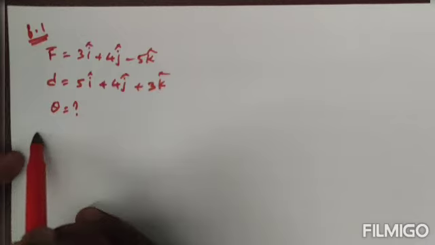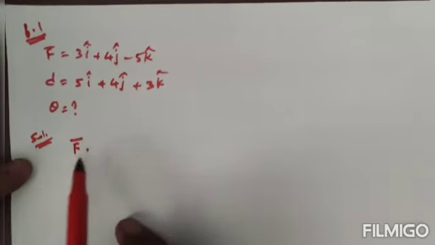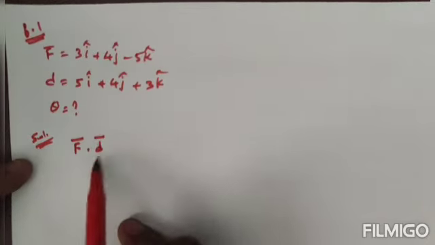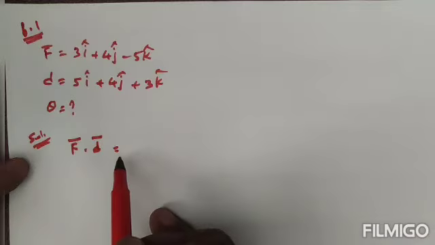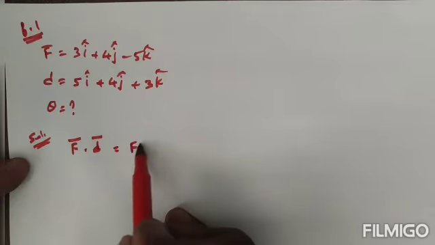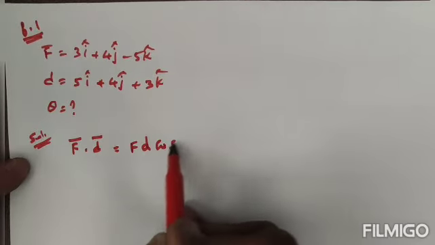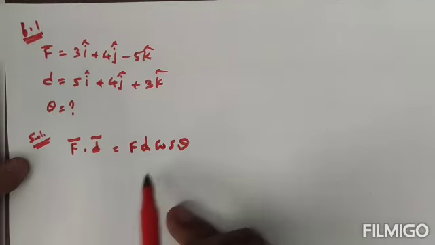Now let's see the solution. You know very well the force and displacement concept. You know the formula: F vector dot D vector is equal to F D cos theta.